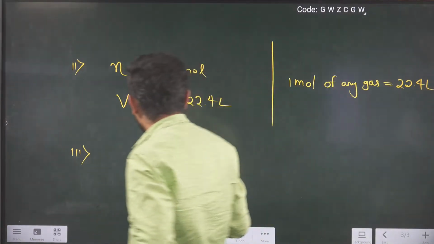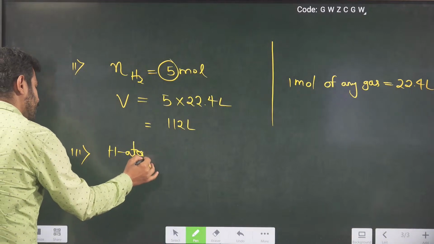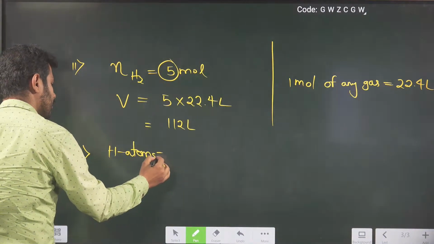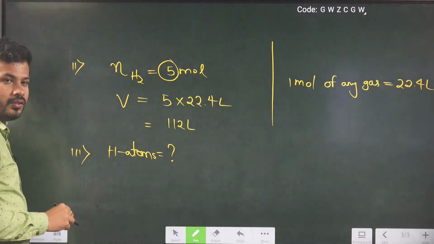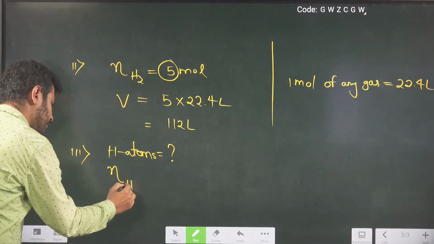Now tell me, how many hydrogen atoms are there in the sample? To calculate hydrogen atoms, we need to know how many moles of hydrogen atom we had.